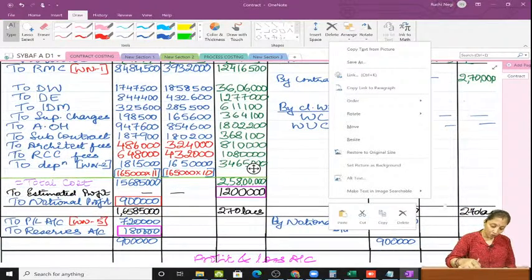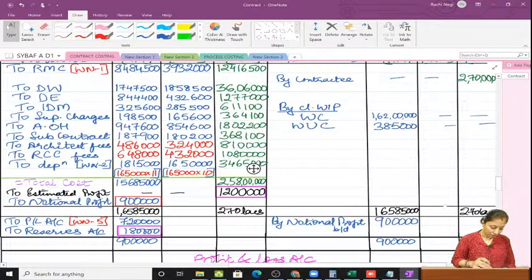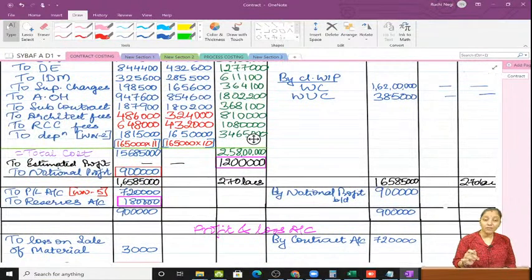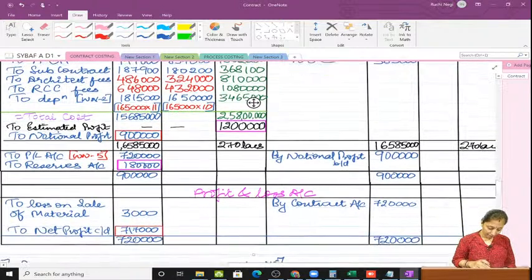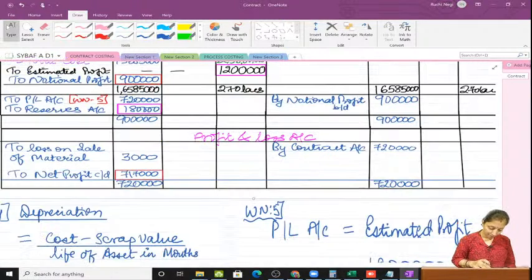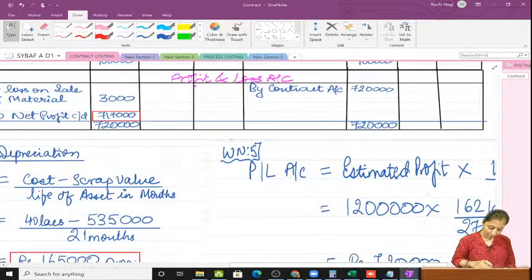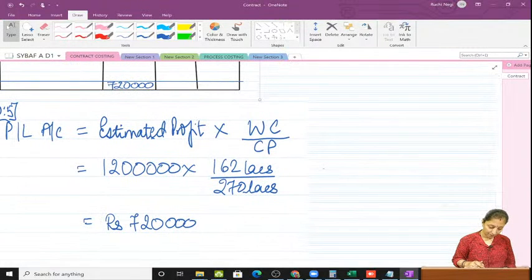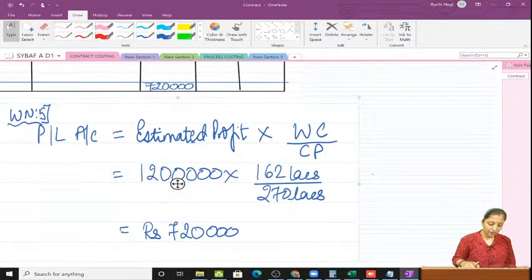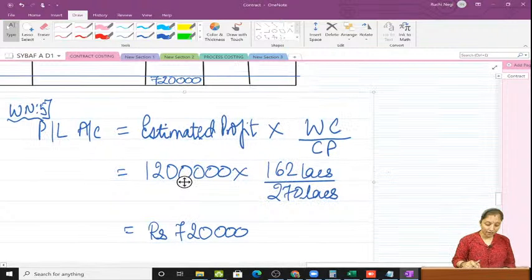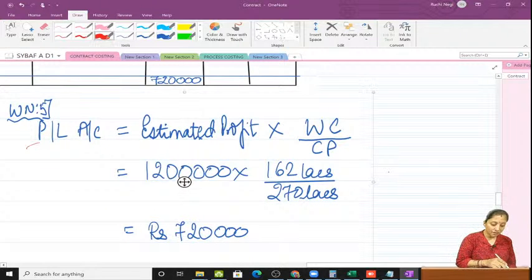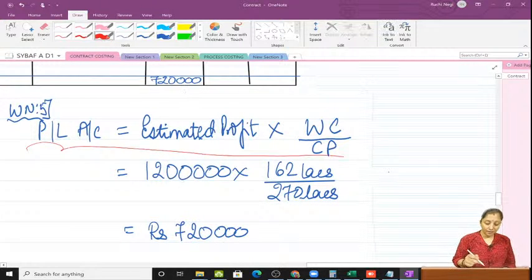And you will calculate your notional profit based on estimated profit. So in estimated contract costing, in the P&L account there is no calculation of range.